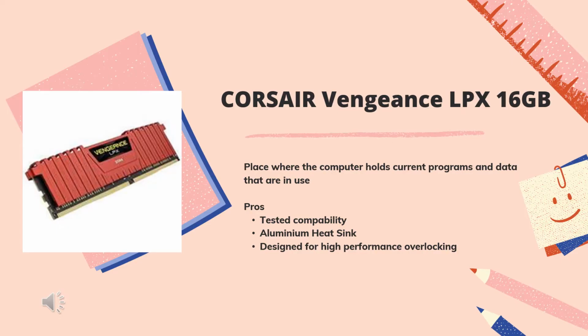Next is system memory. What is system memory? The system memory is the place where the computer holds current programs and the data that are in use. There are various levels of computer memory including ROM, RAM, cache, page, and graphics, each with specific objective for the system operation.